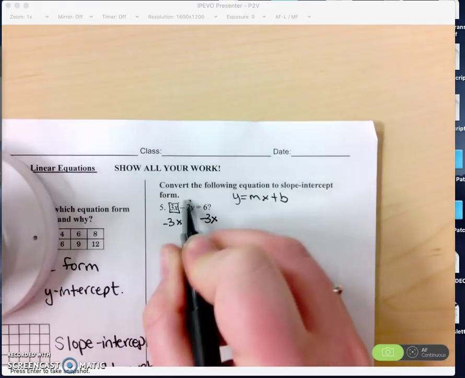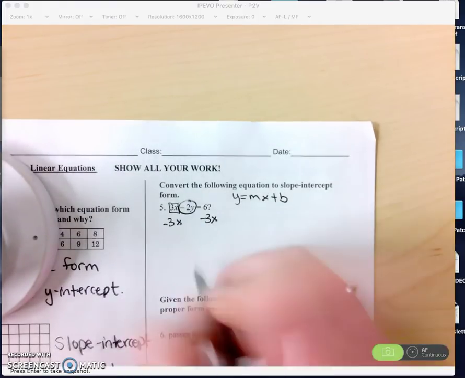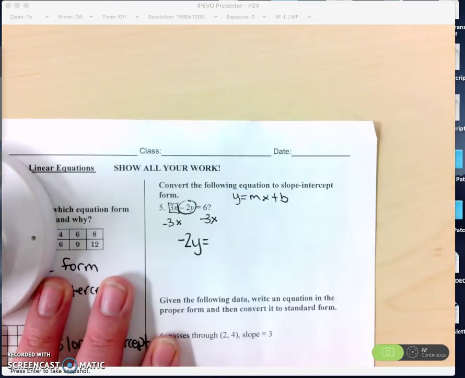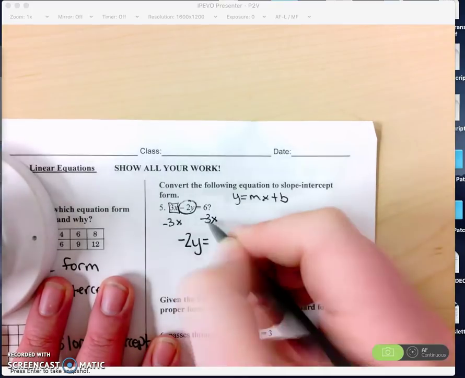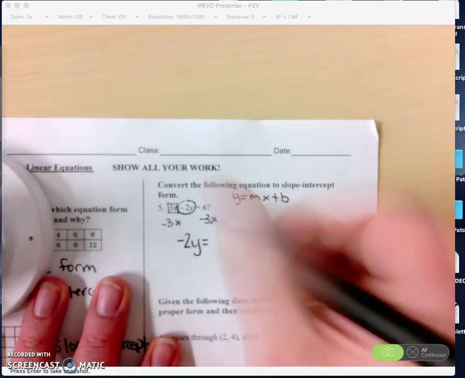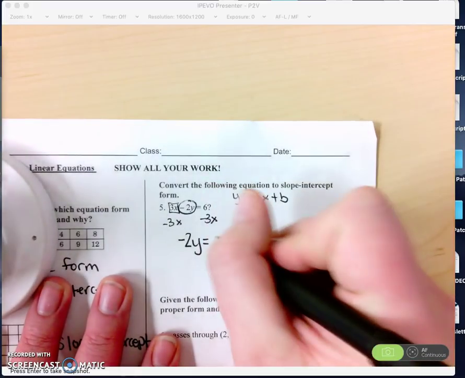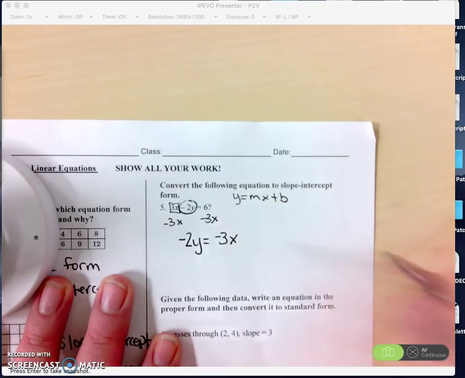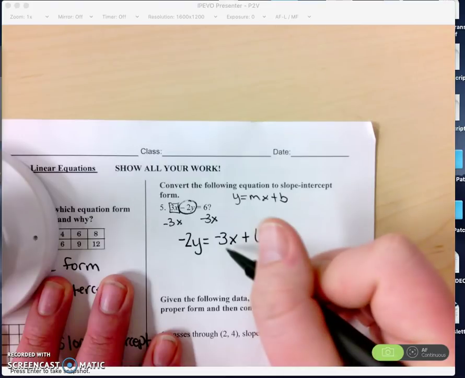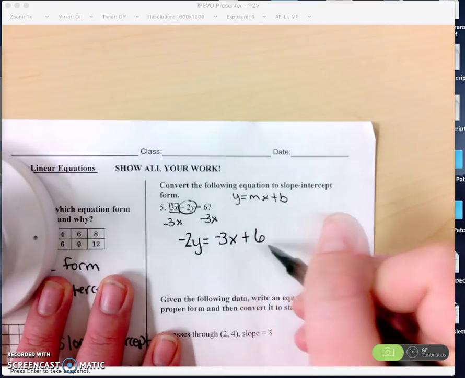The only thing I would have left would be this negative 2y. I have to remember that negative comes with it. So equals this negative 3x and the 6 are not like terms, so I cannot combine them. I also do want to write the x term first. So I'm going to write that negative 3x on this side, and then this positive 6. So it's the same as writing negative 3x plus 6.